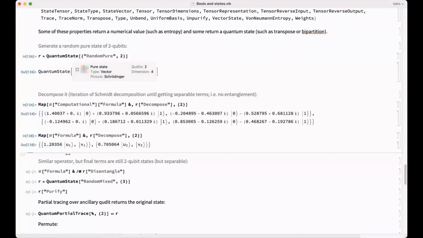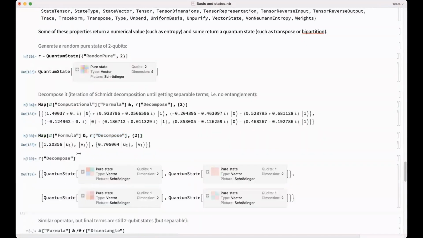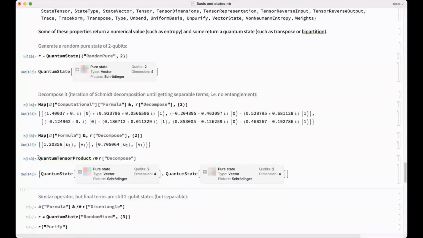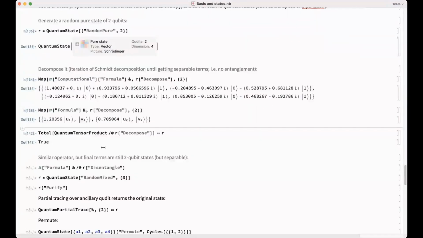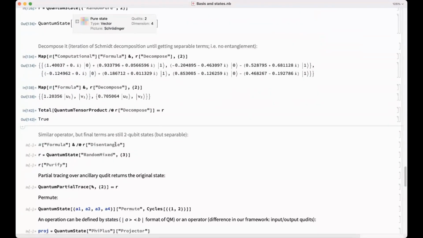The idea is that you can recover your initial state from this decomposition by doing the quantum tensor product of each individual pair and then summing it up. This resulting state should be equal to the original one. But you can use this decomposition to do some interesting stuff, depending on your application.